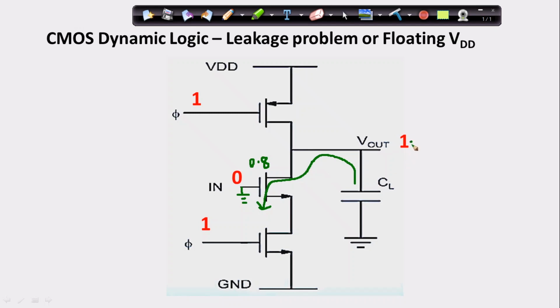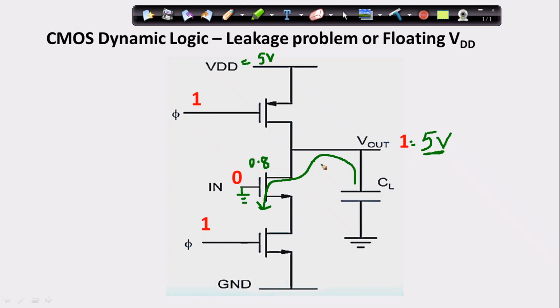Let me consider this as 5 volt over here. Initially for VDD I was having 5 volt. In the pre-charge stage I was getting 5 volt. There is some path for leakage.